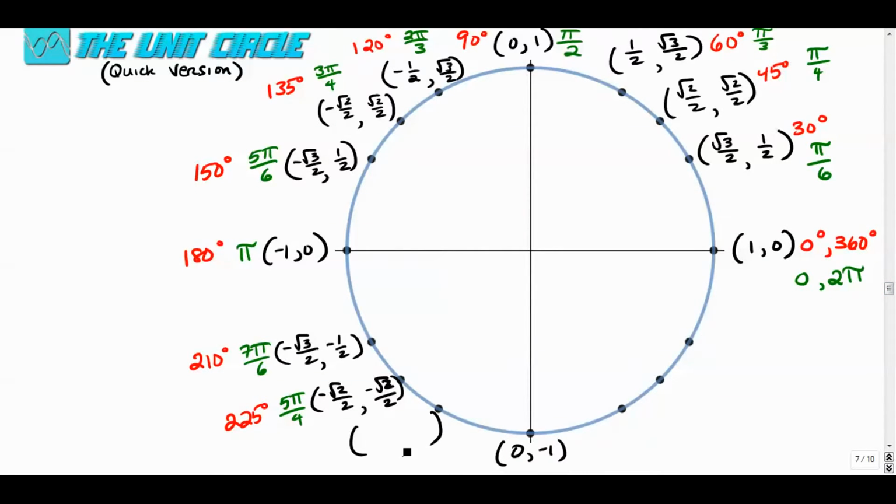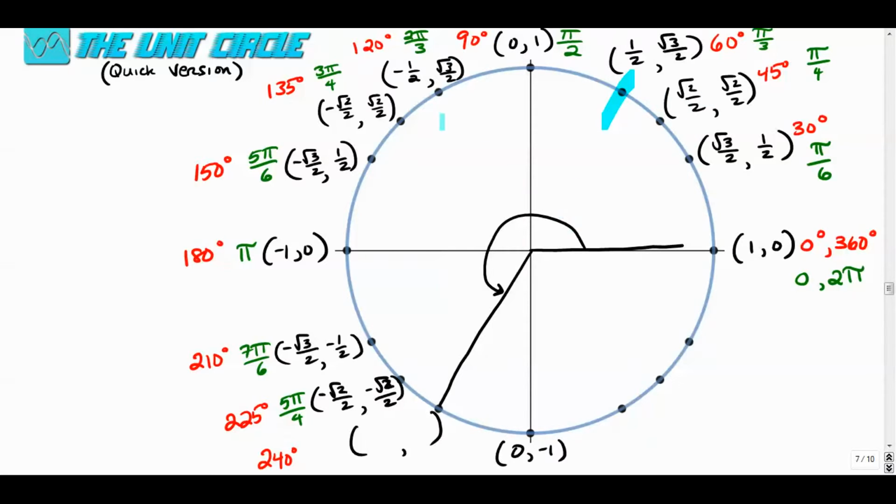Moving along, I've got my next angle, so it starts here and goes all the way around to here. So it's 180 plus, this is 60 degrees. 180 plus 60 is 240. And this is in the pi over 3 family.